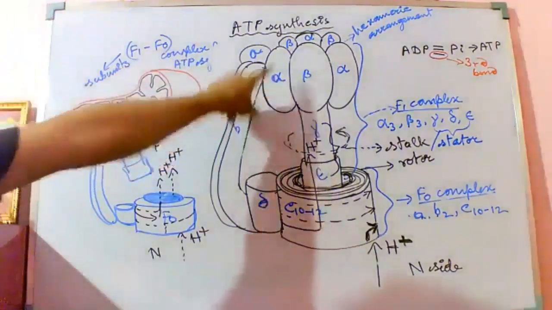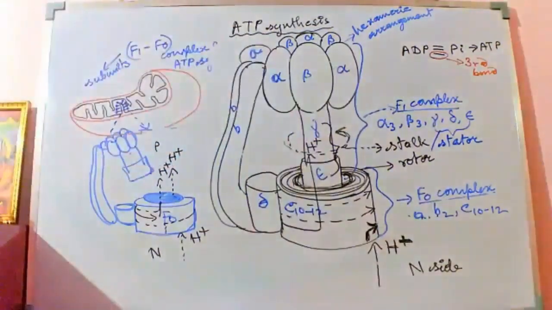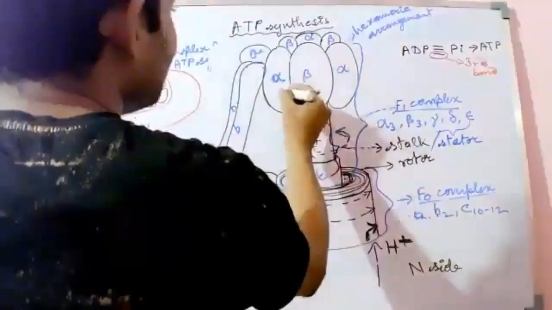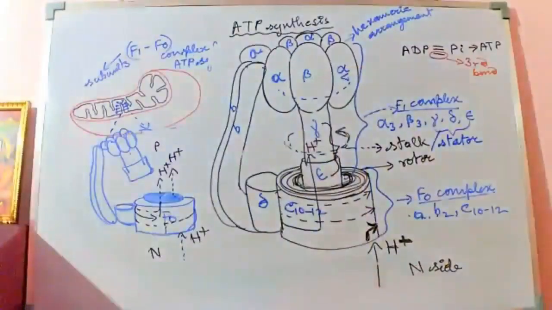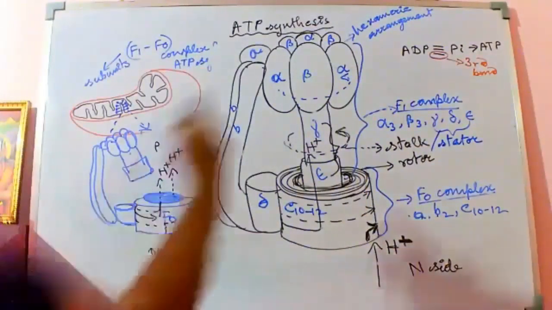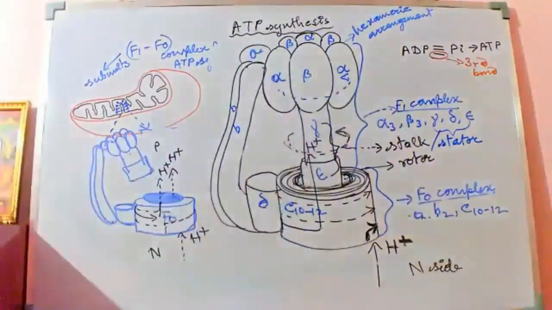This hexameric head also rotates in this direction. It has a spinning effect. So both of these centripetal reactions, this one and this one, help in creating a driving force which helps in driving the H plus.